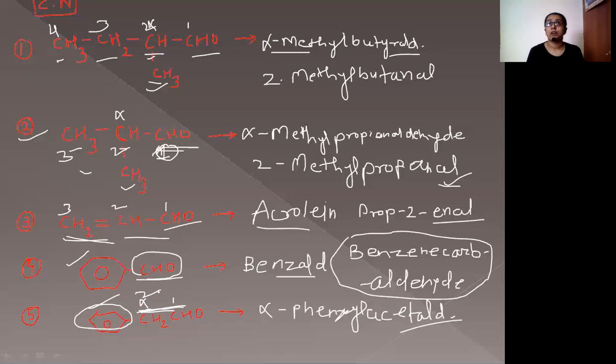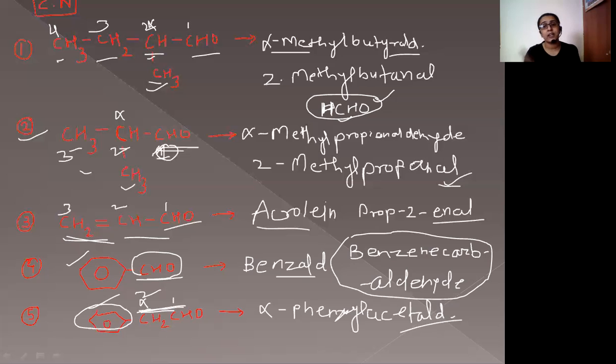Like formaldehyde, which is HCHO. This is the simplest aldehyde which we see, where there is no alkyl group present. Both valencies of the carbonyl carbon are satisfied by hydrogen only, right? So this is the only aldehyde where there is no alkyl group.